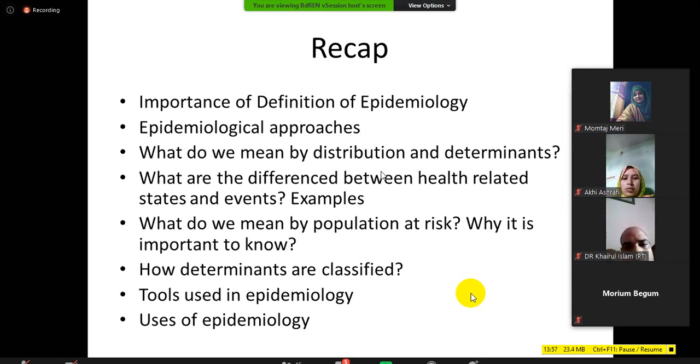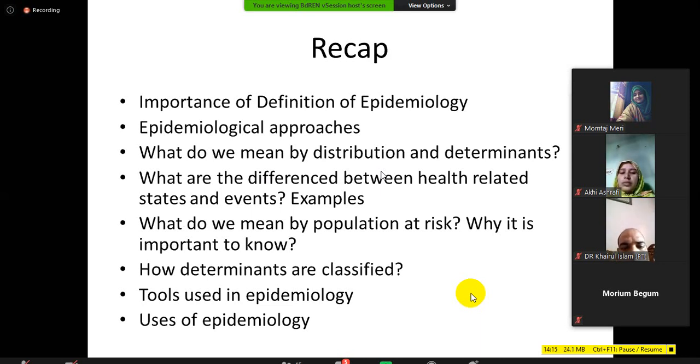So we have to collect data on these keywords, and once we have all the data, then we can plan for prevention or control measures. First of all, we have to have a problem.